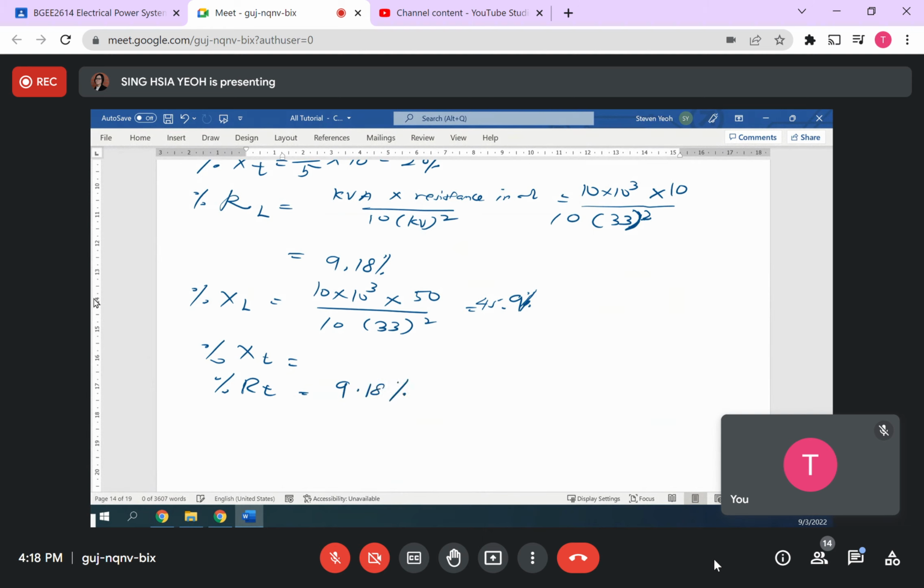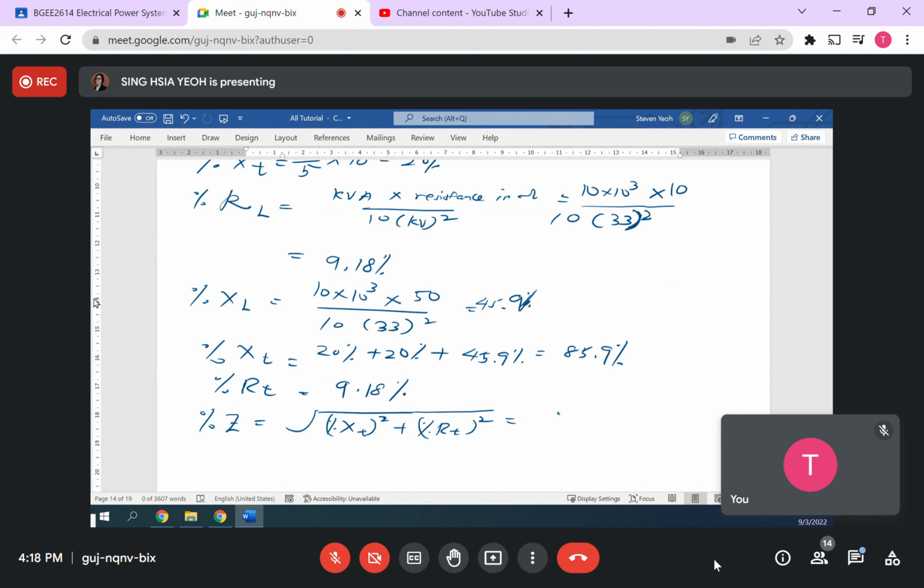Here you add up all: 20% plus 20% plus 45.9%, then you get 85.9%. Okay. Then percent exact impedance will be the square root of X to the power 2 plus percent R total to the power 2.